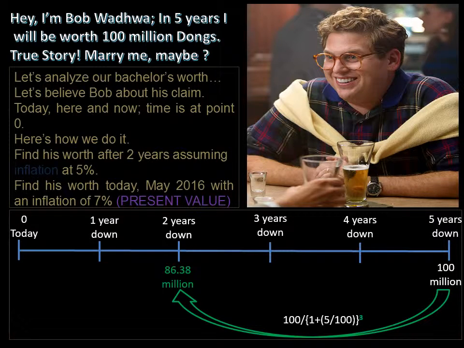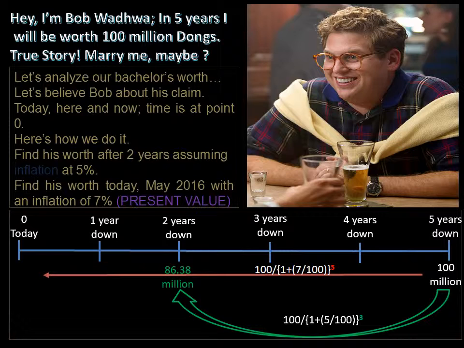Alright, let's go to the second part of the question. What if my assumption of inflation is wrong? What if the inflation is actually 7%? Money depreciates way faster. Here I want to find the present value. So I again take the 100 million 5 years down, and I try to find out what does it mean to have the same amount of money today, factoring in inflation.